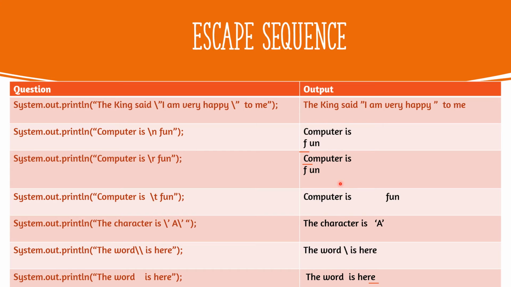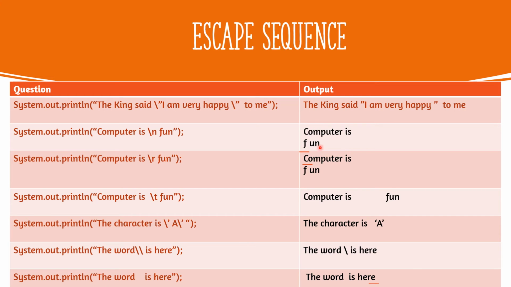When you give \n, after printing, the cursor will come to the beginning of the next line. And for \r, whatever you type after r will come in the next line, but the cursor will come to the beginning of the same line. So that is the difference.